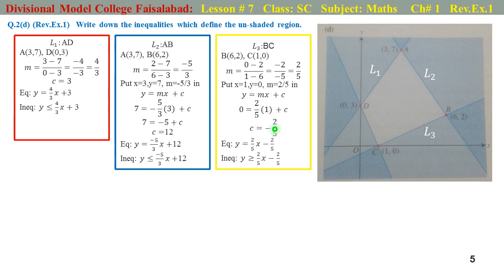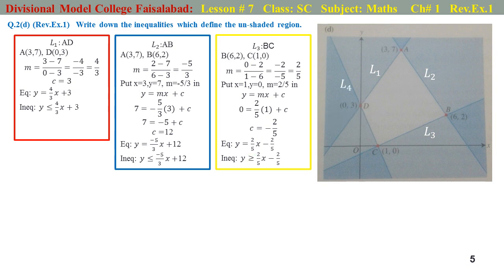So using this value of c and this value of m in y is equal to mx plus c, we can write the equation, which is y is equal to 2 over 5x minus 2 over 5. Now replace this sign of equality with a sign of inequality, because this line is solid and the region above this line is the defined region. So this equality sign will be replaced by the greater than or equal to sign.